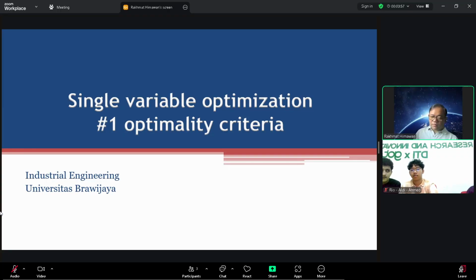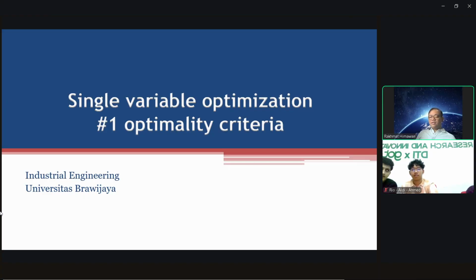Let's continue with the topic. We've discussed the mathematical optimization or engineering optimization in this case. And now we are starting to go inside one of the topics, which is single variable optimization.